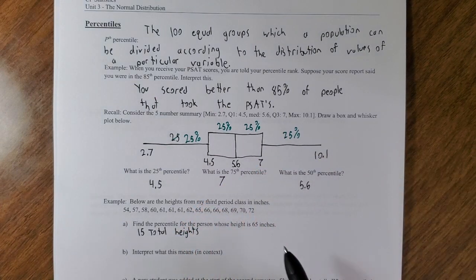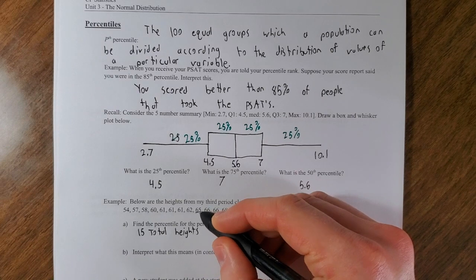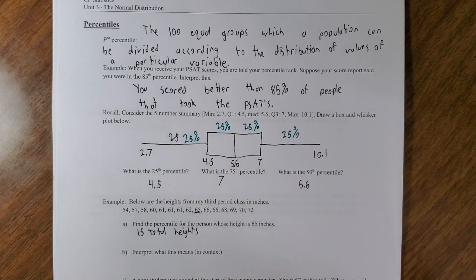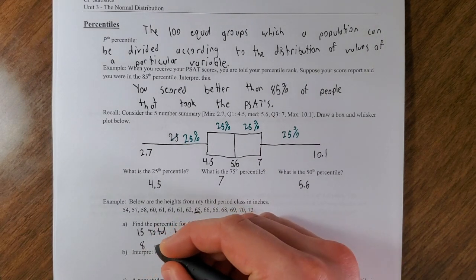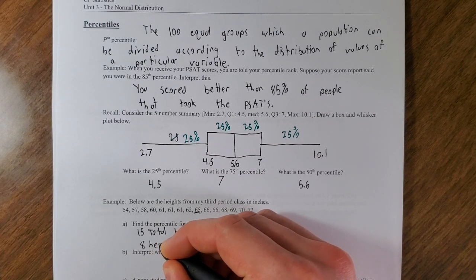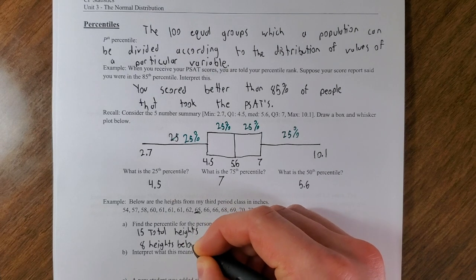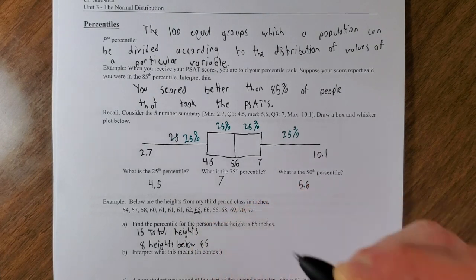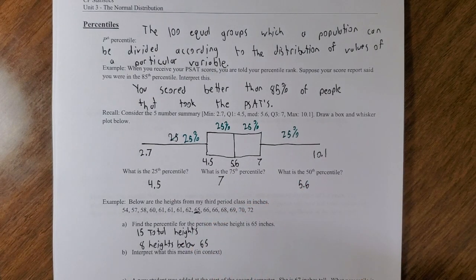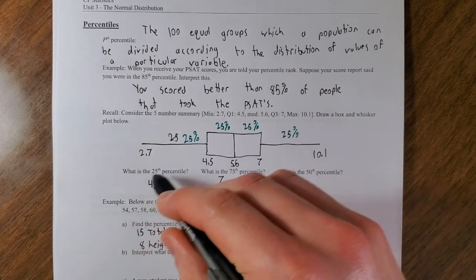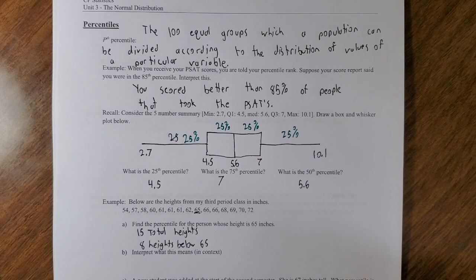And then if we're looking for our 65, that's right here. So we want to see who falls below our 65 inches. It's 1, 2, 3, 4, 5, 6, 7, 8. We've got 8 heights below 65. Now, using these two numbers, we can figure out our percentile. Let's figure out what percent of these data values fall below that 65.